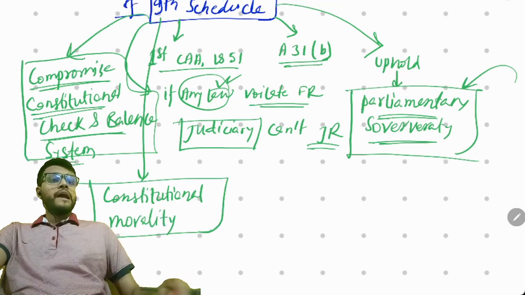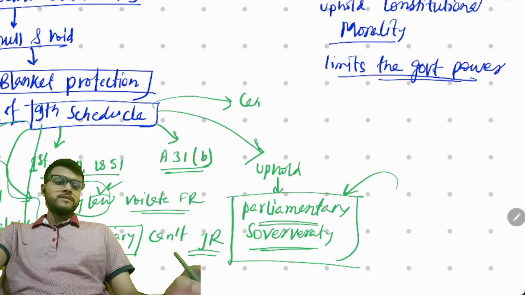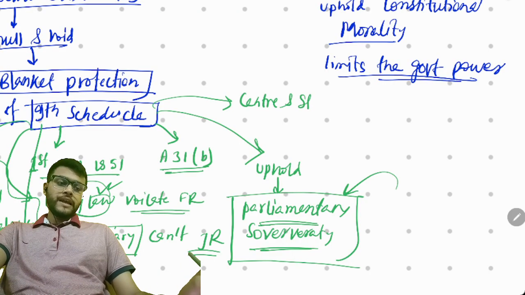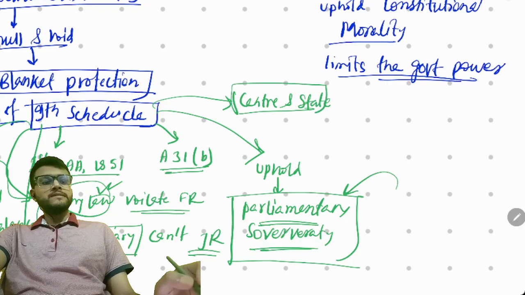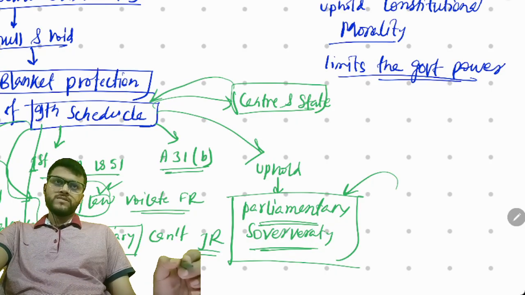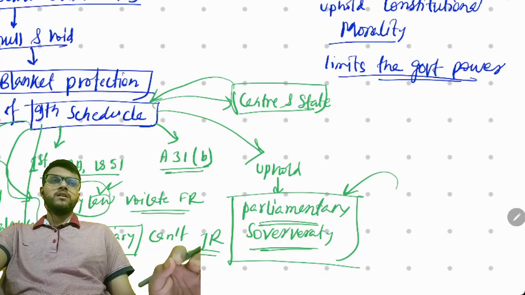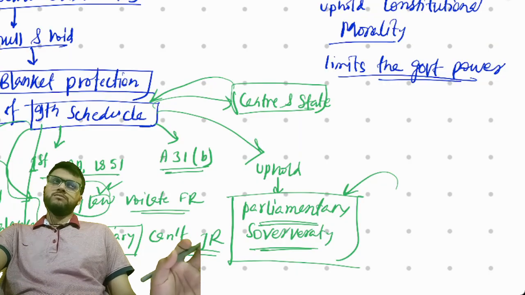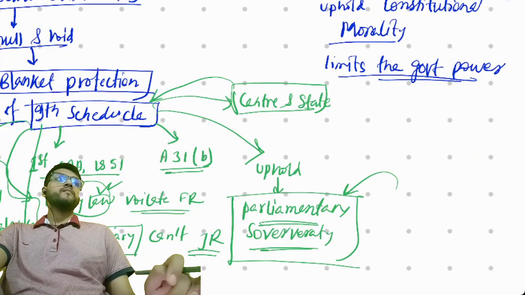In the ninth schedule, the center and also the state can enter any law into the ninth schedule, and this law will be protected from judicial review.